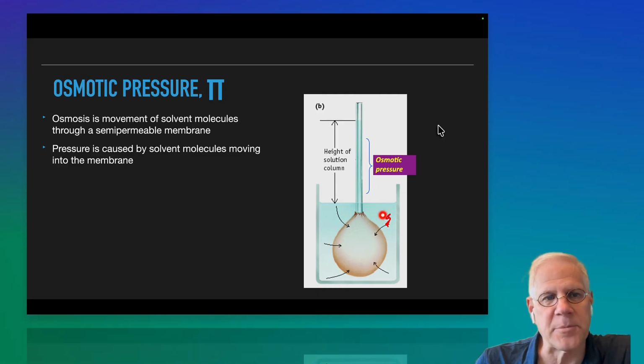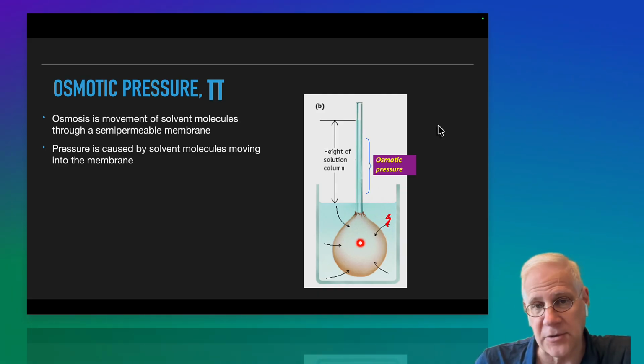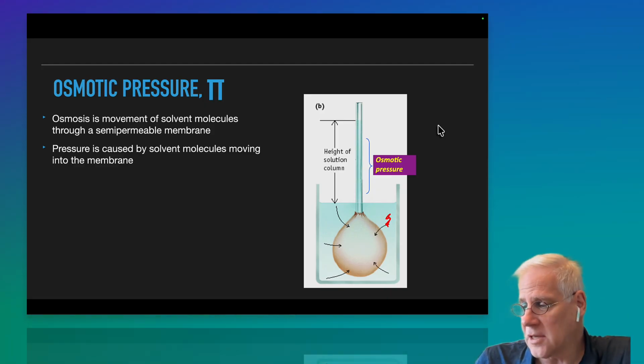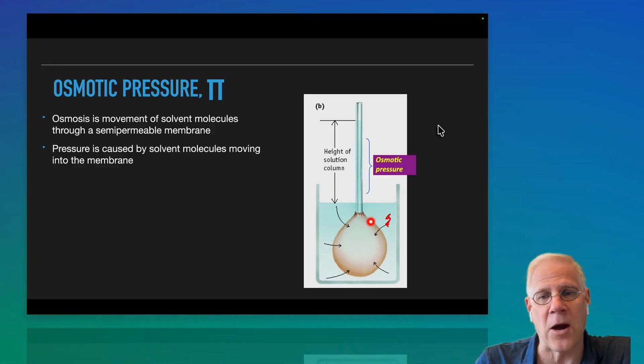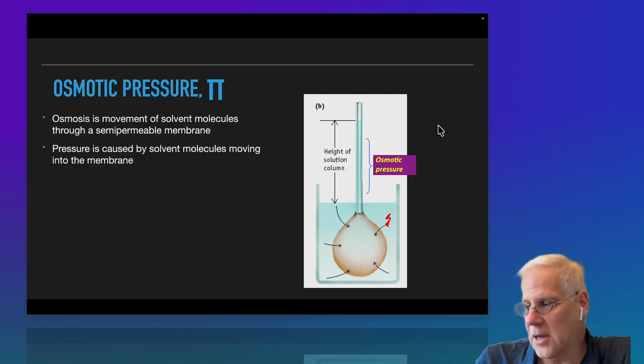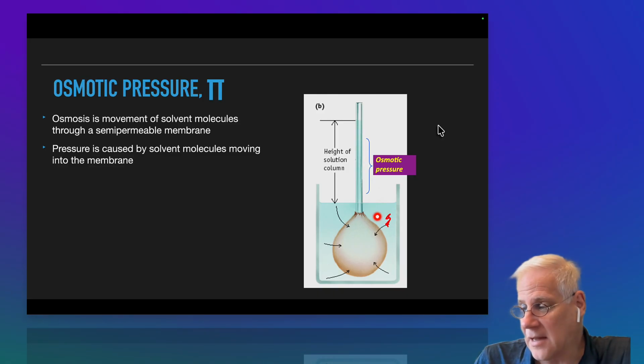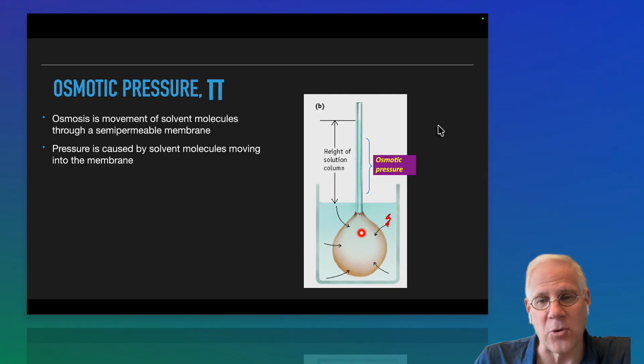So what you have between the pure solvent and the solution inside is a concentration gradient. You have a difference in concentration, and this is what drives these two things to try to be equal. If solute particles can't go out of the semi-permeable membrane to increase the concentration of solute, what has to happen to make these two things equal is that pure solvent molecules go into the solution to try to dilute it to the same level as what's out here.